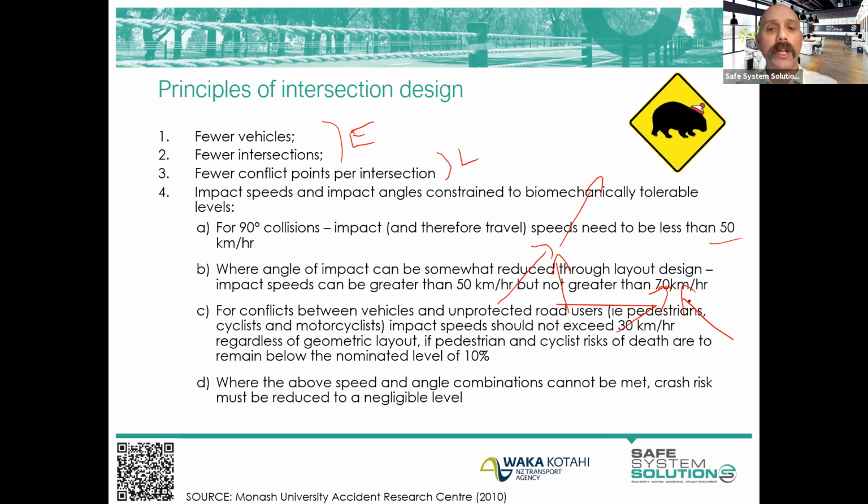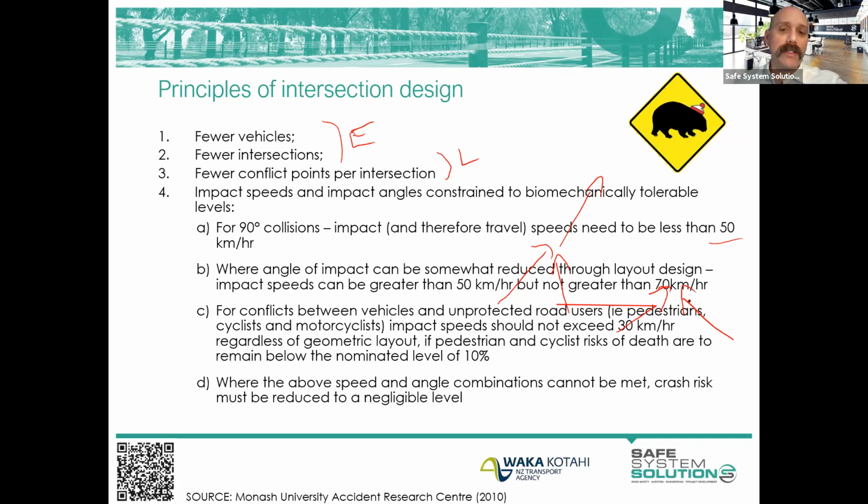And so we can go up between 50 and 70 on some of those crashes between passenger vehicles. 70 would be very much the higher end for those sorts of things.